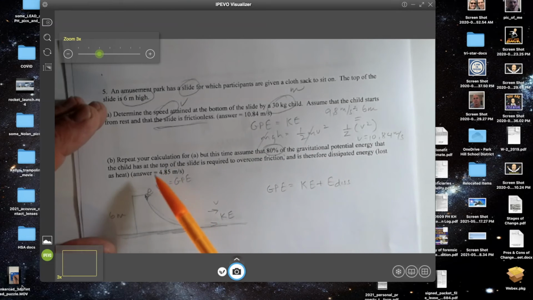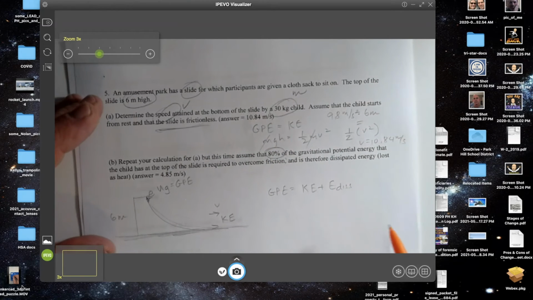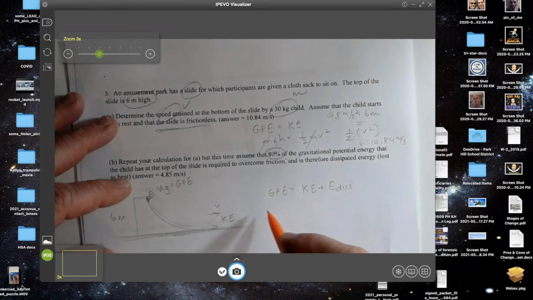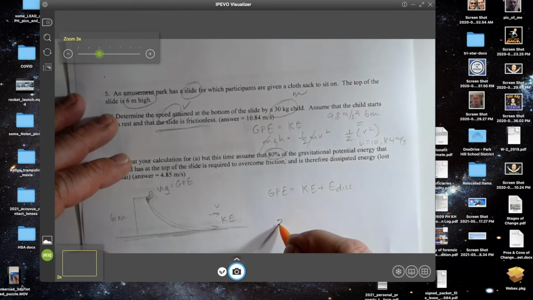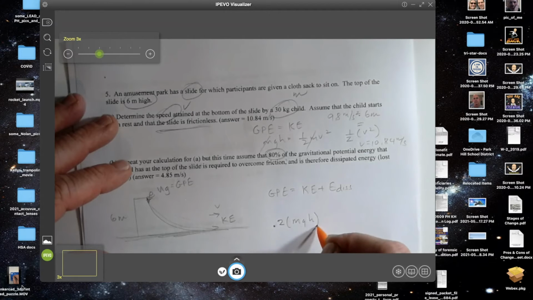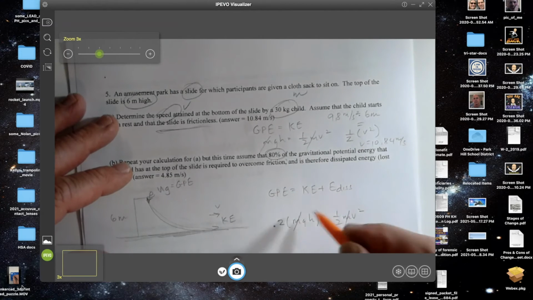So now we'd like to redo our calculation, but determine a more realistic velocity for the child, assuming that 80% of that GPE is lost, so only 20% actually goes into motion. 20% is 0.2, right? 20% of mgh goes to 1/2 mv squared. Same sort of calculation here.